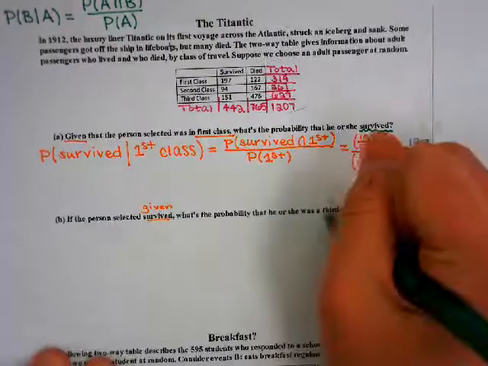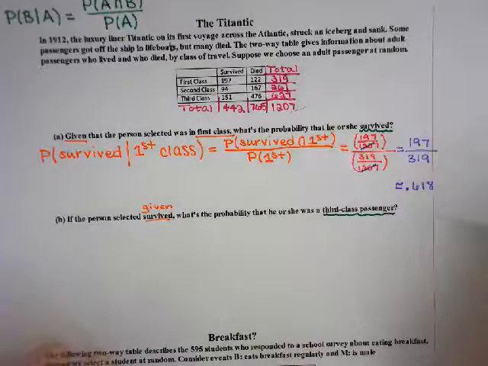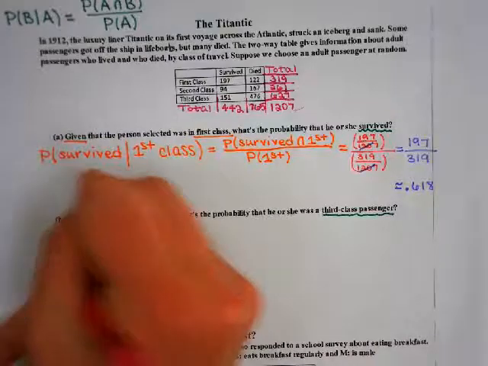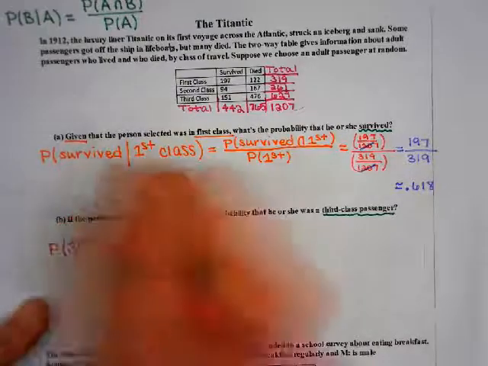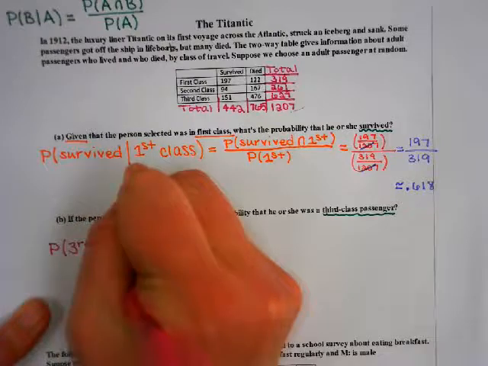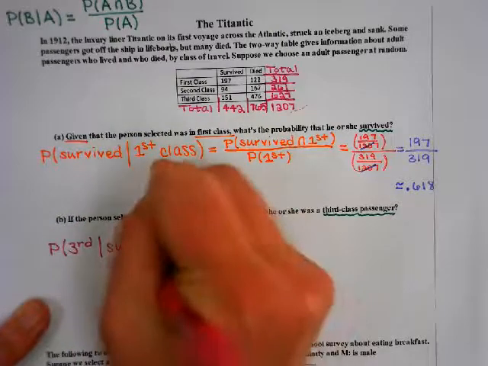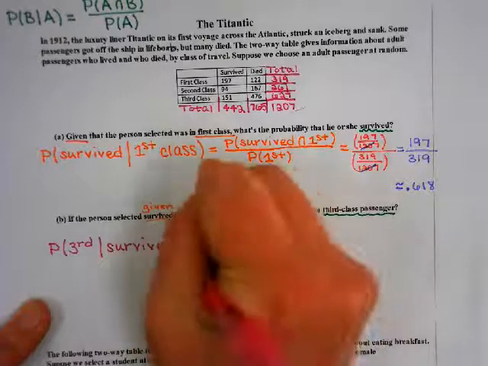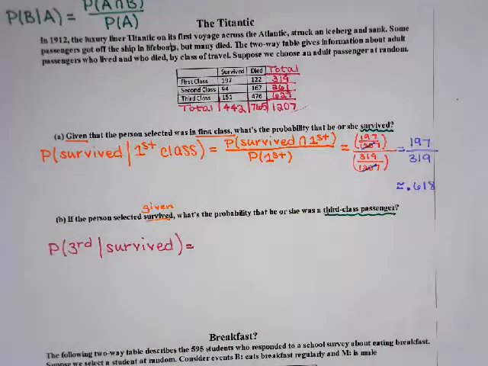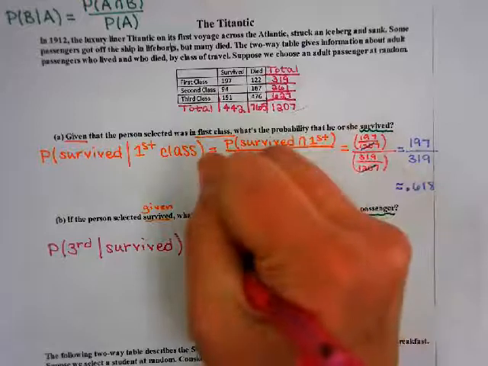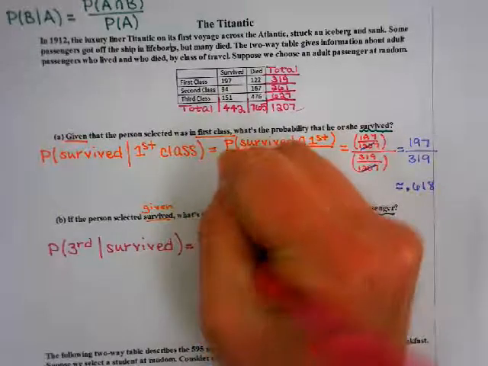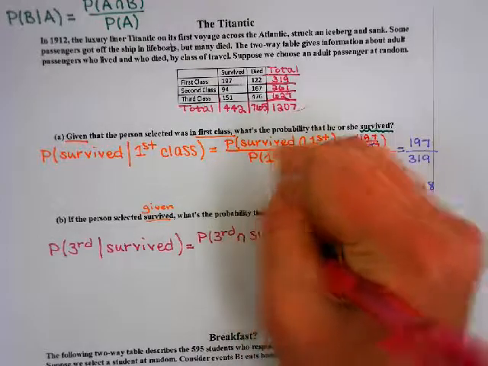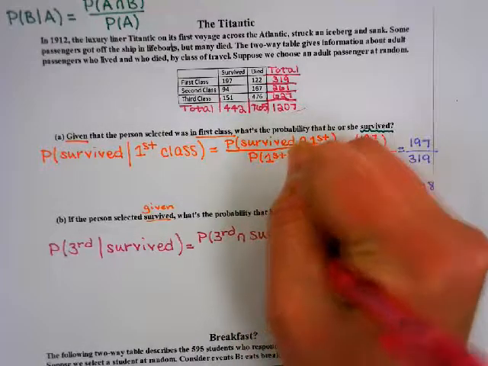So the probability they were a third-class passenger and they survived, divided by the probability that they survived.